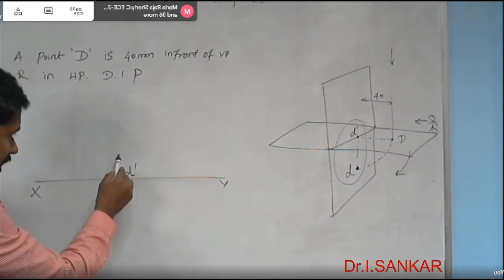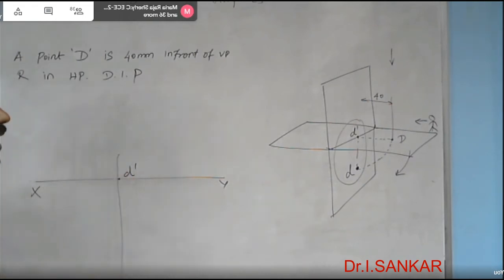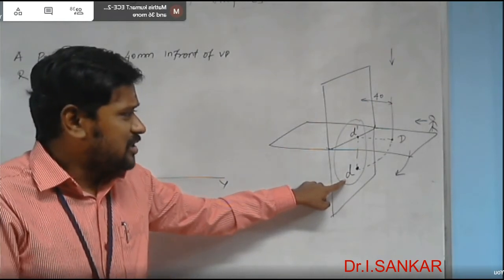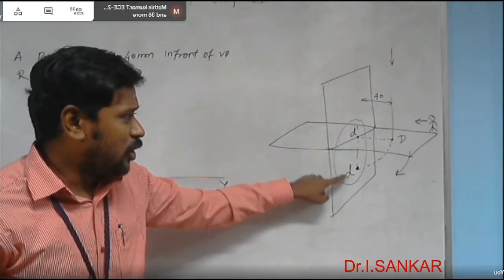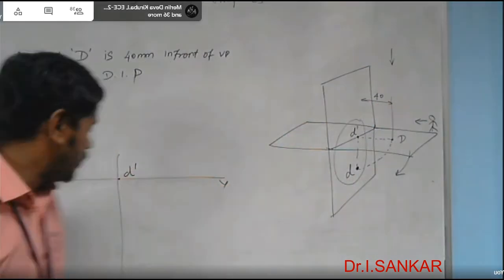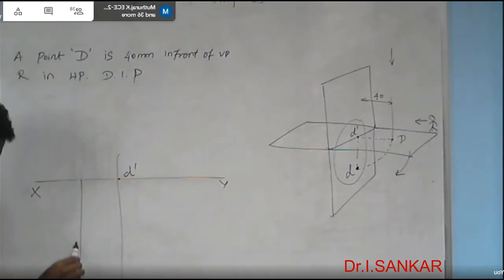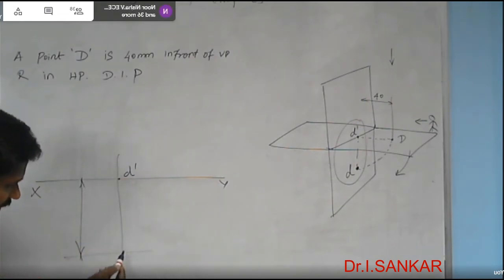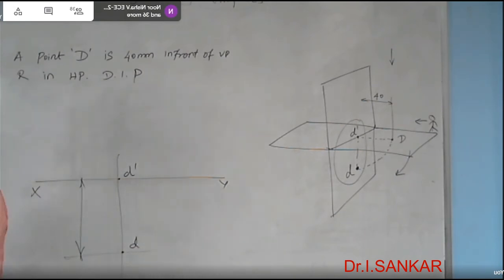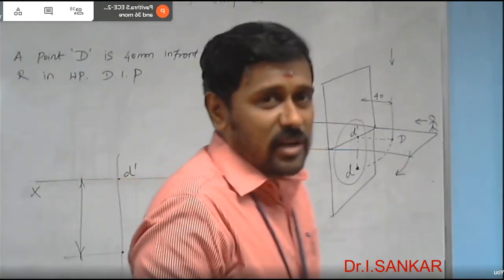Immediately after that you can draw the projector, and then it is very easy to locate D. It is below XY, the same 40 mm below XY. So below XY we measure 40 mm, and on the projector of D dash you can mark the top view of the point D. In this way you can draw the front and top views.